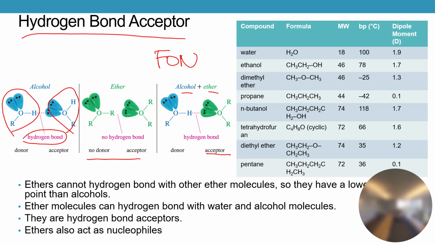Now the ethers, because they have our electron-rich oxygen, are going to act as nucleophiles in a variety of reactions, but again, they react very slowly. They react only with strong acids, the strongest of the strong acids.